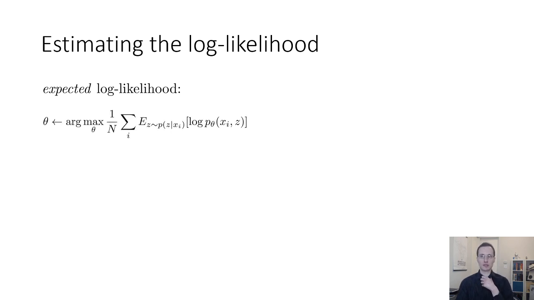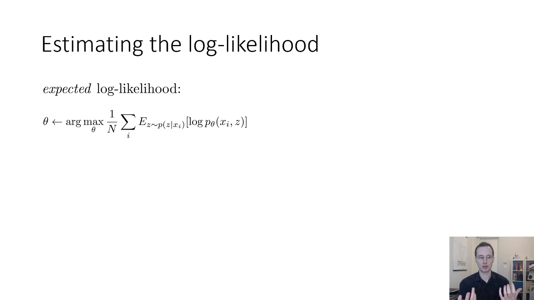So the intuition behind the expected log likelihood is that instead of evaluating that whole integral, what we're going to do is we're going to take our data, which consists of x's, and we'll basically make up z's that we think are likely to go with those x's. So what we would really like is a data set that consists of x's and z's, though of course we don't know what the z's are, so we'll just guess what the z's might be, pretend that our guess is correct, and then maximize the joint probability of x and z.